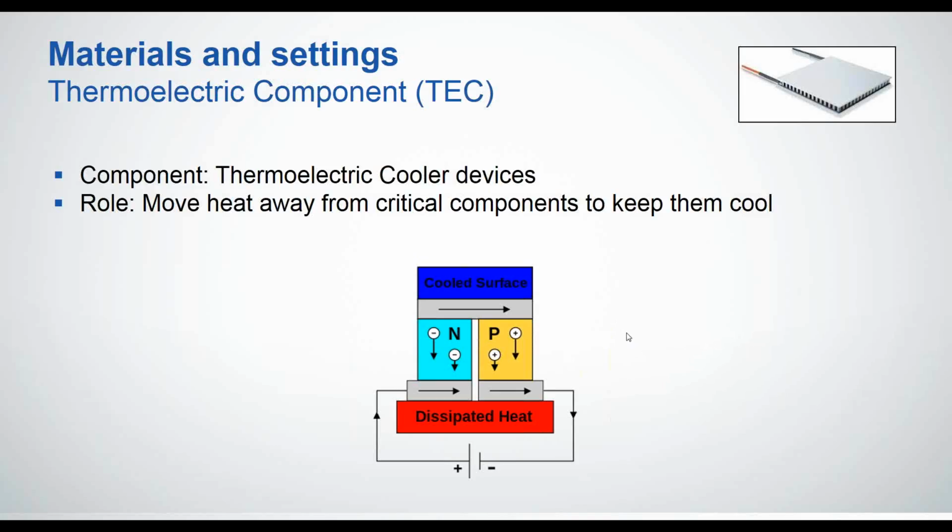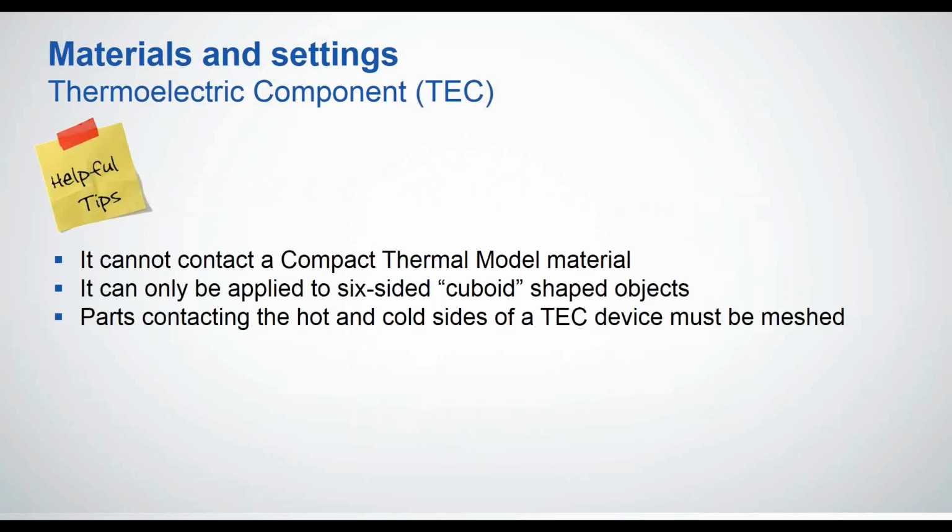And I want to hand you some helpful tips for the modeling. The thermoelectric component cannot contact a compact thermal model material. It's the kind of material that we're going to explain in the next slide.